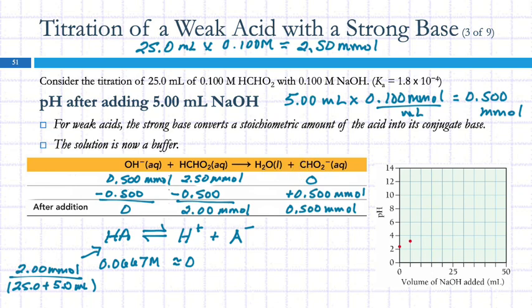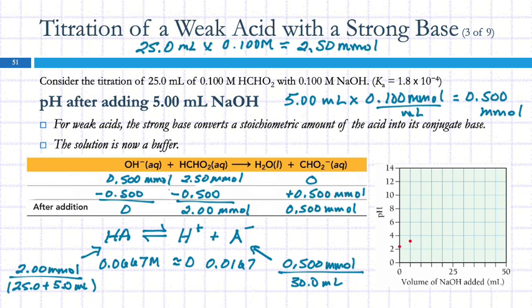So I have 0.500 millimoles of that, divided by the new total volume, 0.0167. That's really a mess. Do you see how I did that? This is what we were doing earlier in this chapter, right?